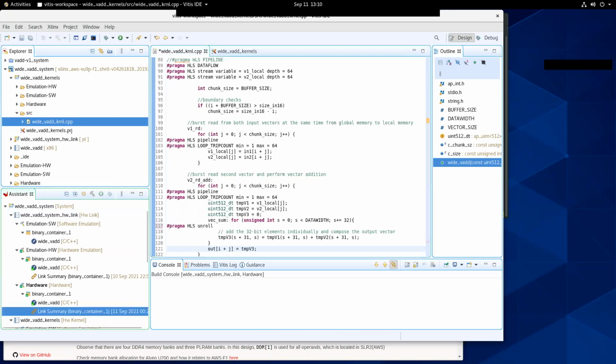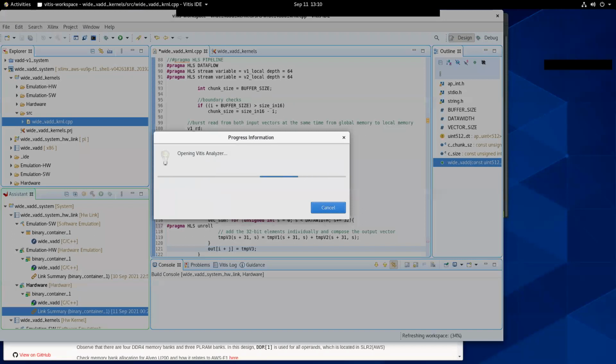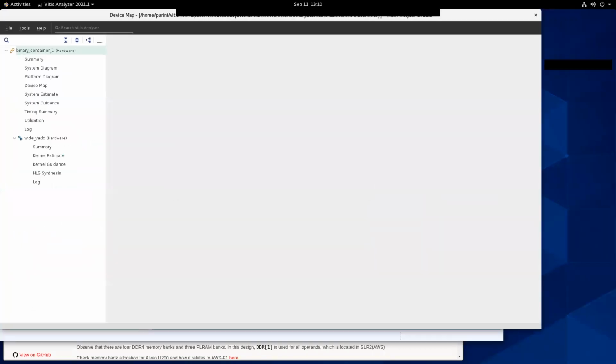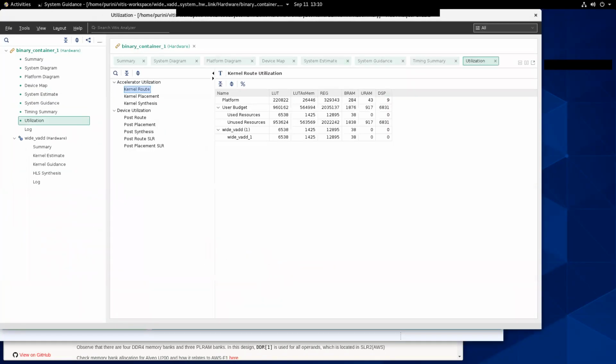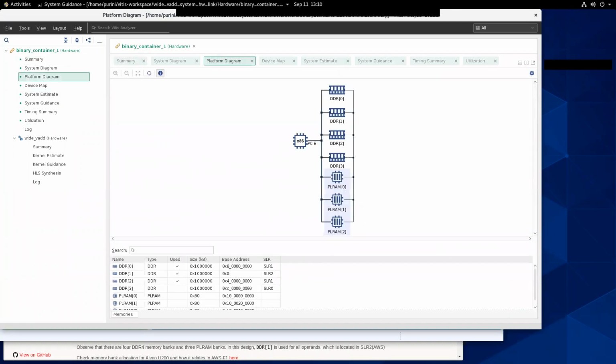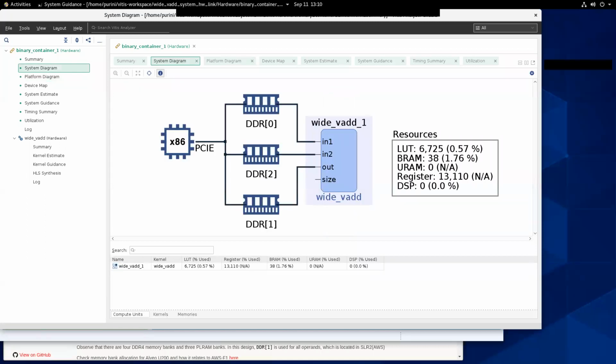Let's look at the platform diagram. In the system diagram, you can see that in1 is coming from DDR0 and in2 is coming from DDR2, and out is going to DDR1.